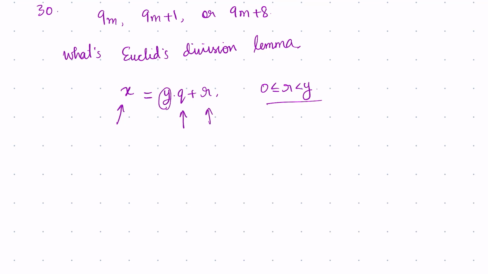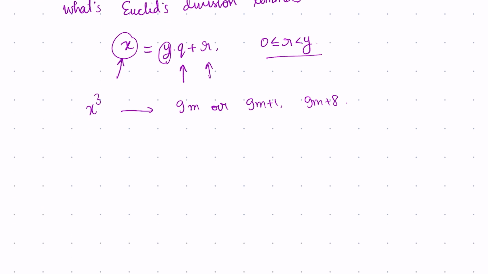Now we need to prove that the cube of this number, x cubed, looks something like 9 times some m, or 9m plus 1 or 9m plus 8. So how might we approach such a problem?